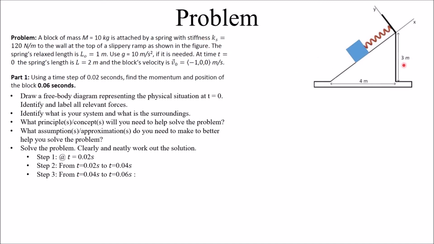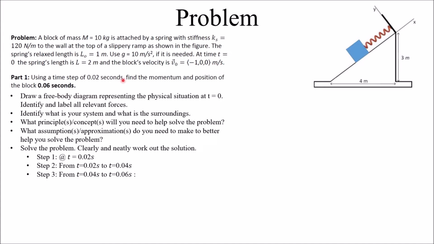The relaxed length of the spring here is 1 meter, and if we need to use the gravitational acceleration, instead of using 9.8, they want us to use 10 meters per second squared. And they're also saying at a time t equals 0, so when we're starting the stopwatch pretty much, that its length is going to be 2 meters, and so it is going to be stretched a little bit to start off.